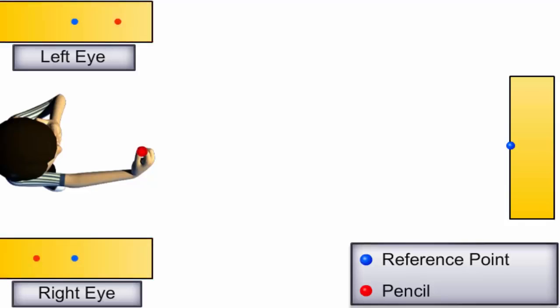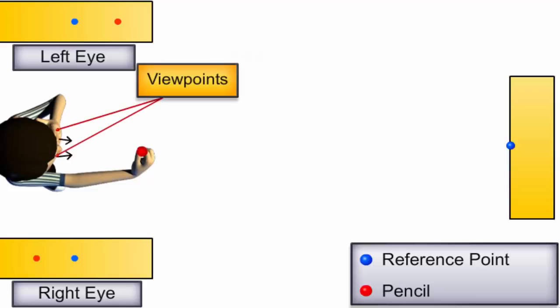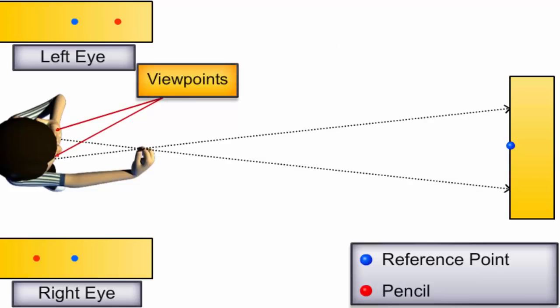This is called parallax. You may call the two eyes two different viewpoints, since when used separately, they create different lines of sight.